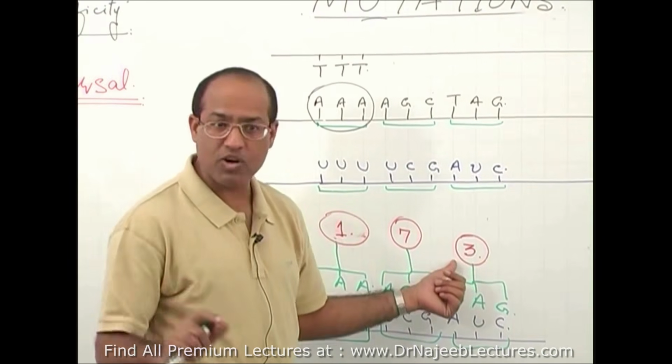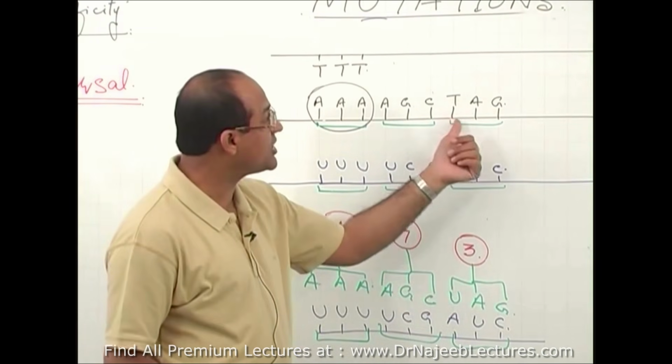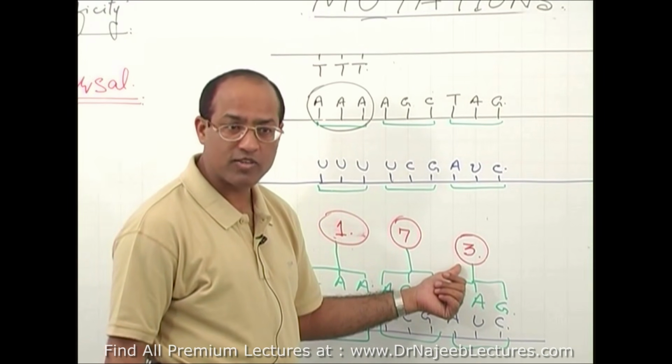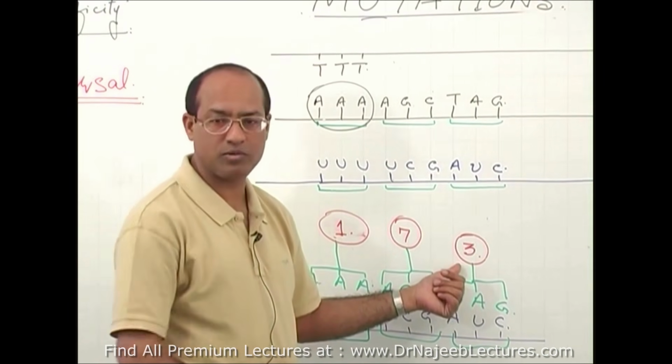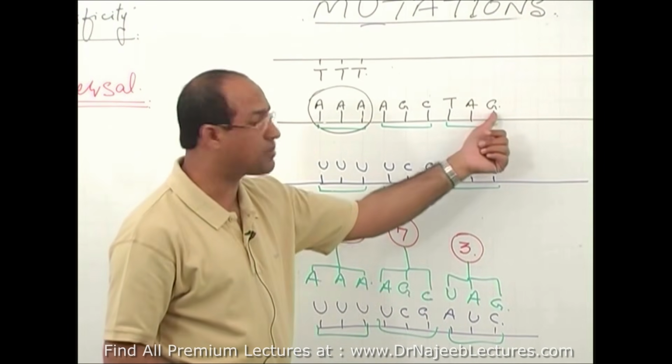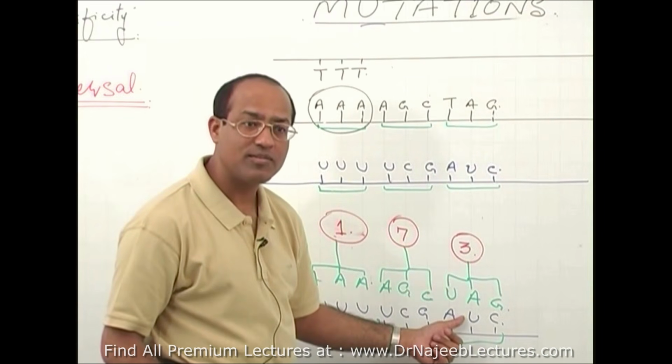Even the wife of the monkey, if she has DNA with TAG, she will also end up with the message for amino acid number 3. Okay, you go lower down, we talk about fish. In the DNA of the fish, if TAG appears, again the same amino acid.